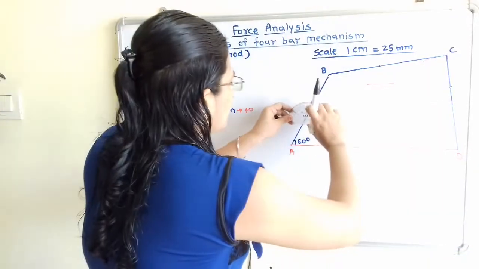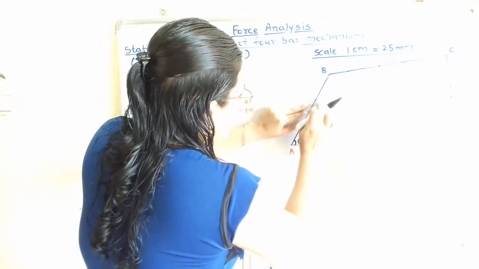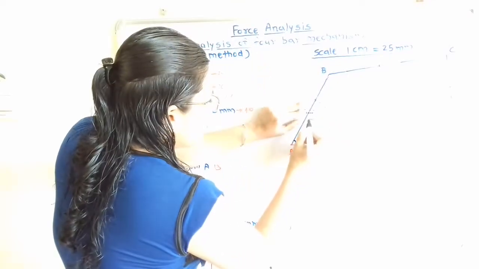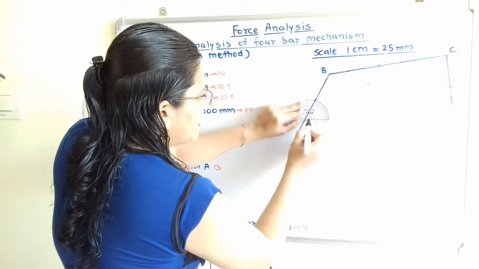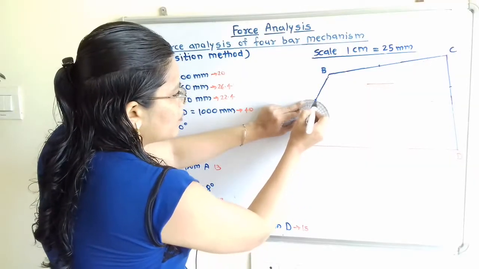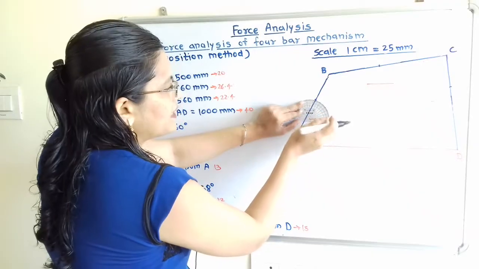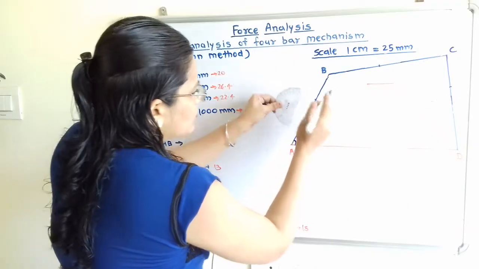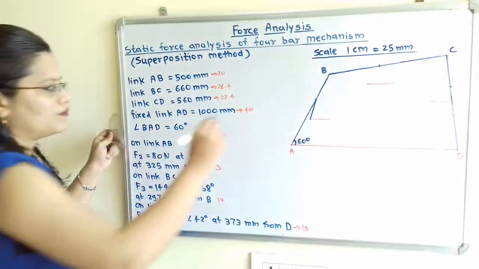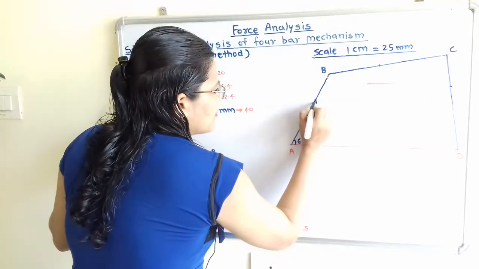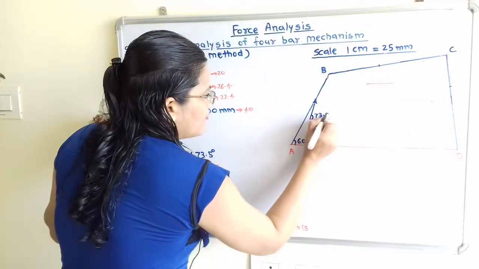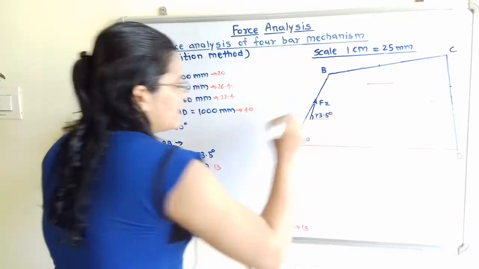At this horizontal line we will mark this line, and this is the center of the protractor. So we will join this center of the protractor and this point, which is at 73.5 degree. So we will join this, and this is the force F2. So we have to mention here 73.5 degree, and this is the force F2.